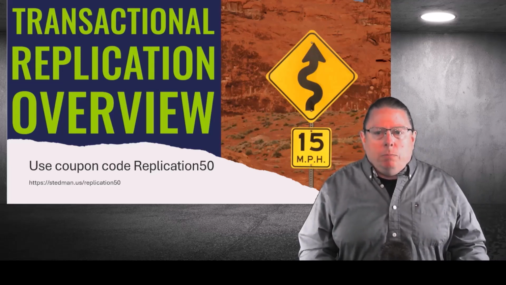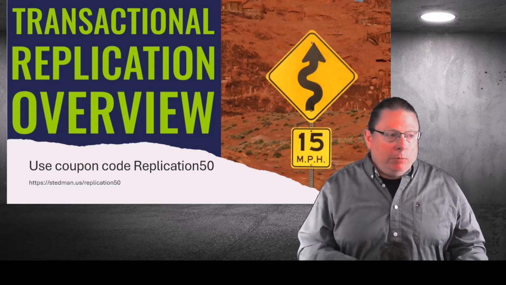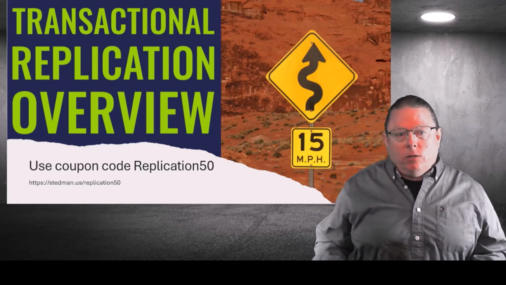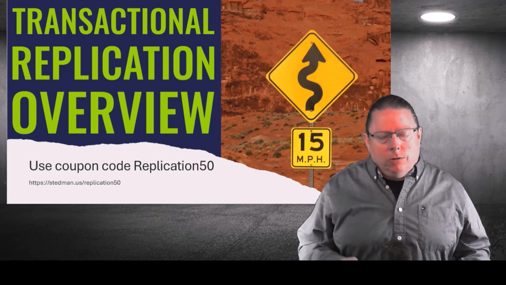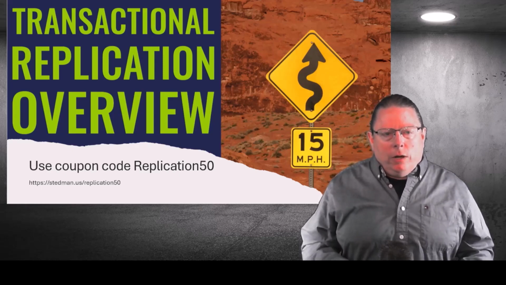If you had a small enough data set, and you could resynchronize with snapshot replication every 2 or 3 minutes, which is usually not feasible, but theoretically if you did, the effect would be similar to transactional replication.